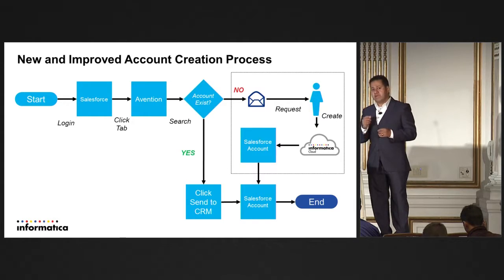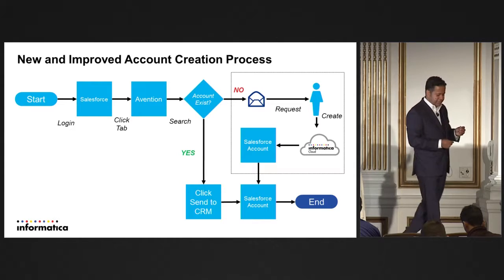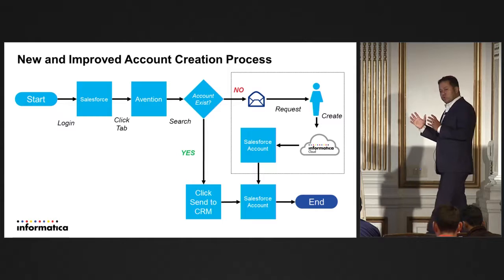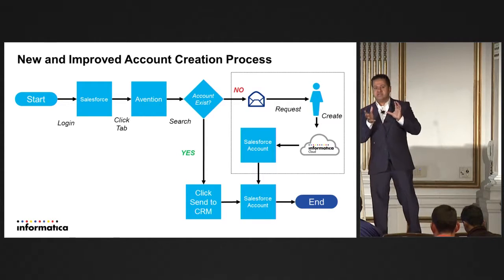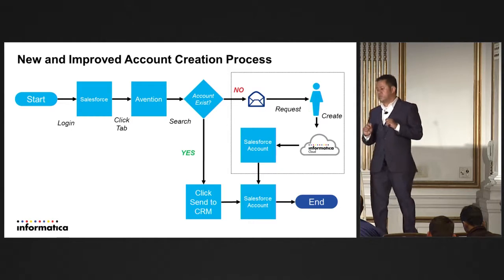If you can't find that account, then what happens? 80% of the time, we are able to find a company in Avvention, which is a sales prospecting tool. But when we can't find it, we wanted to provide a guided screen, which Informatica Cloud Customer 360 provided with Account Scout.